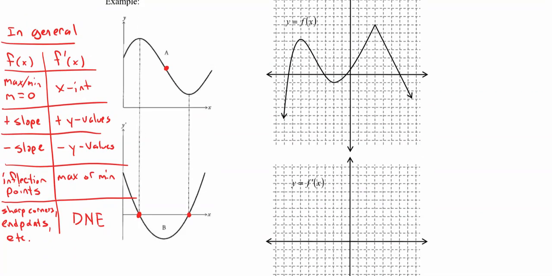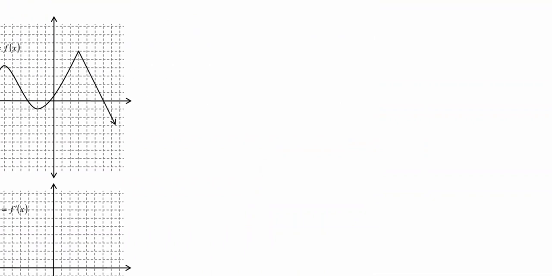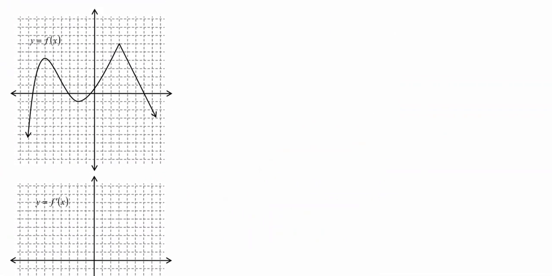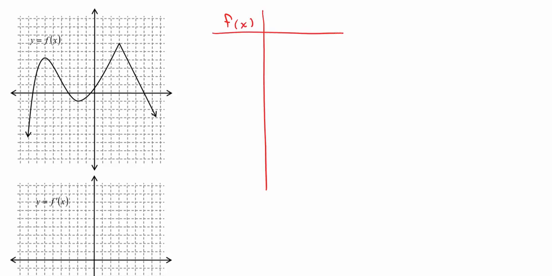Okay. So now let's look at this graph. We want to make a sketch of the derivative of this function. Let's make a little table again. We'll say, on f of x, and we've got f prime of x, and let's do this for different intervals, and we'll use interval notation too.